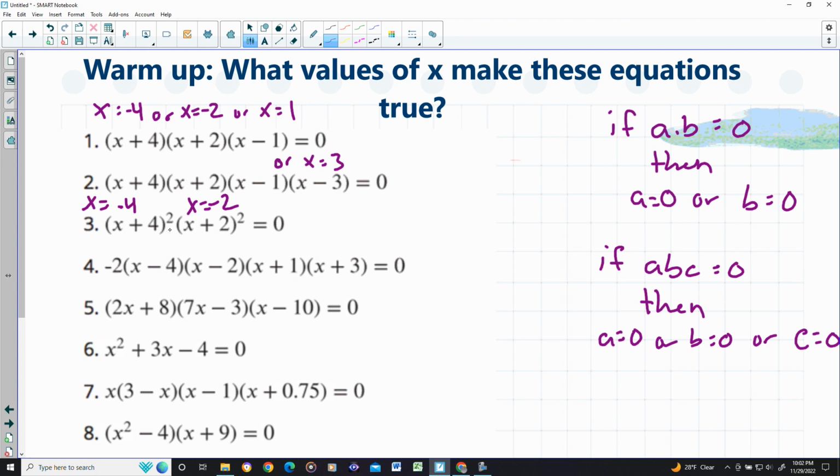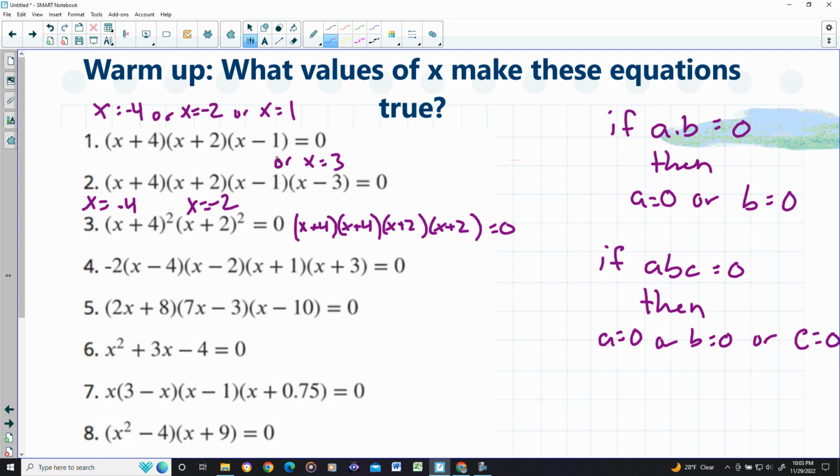Except this one only has 2 solutions, despite the fact that it actually has 4 factors. If I were to write this out, I would have x plus 4 times x plus 4 times x plus 2 times x plus 2 equals 0, because squaring means I can multiply it by itself.